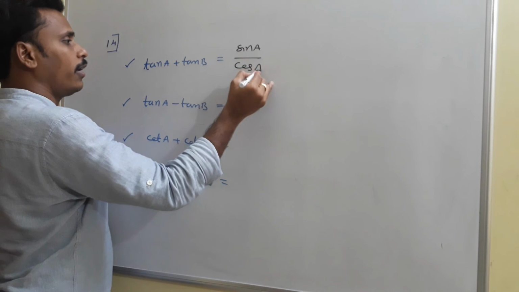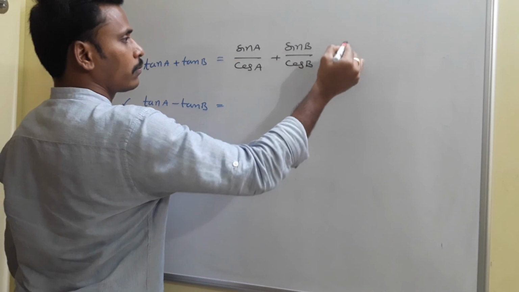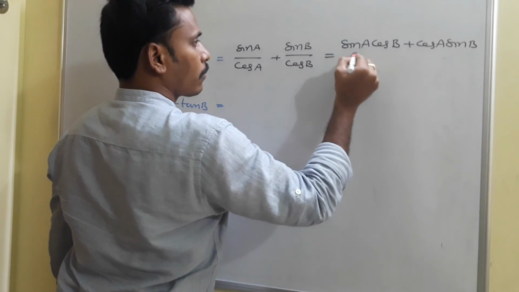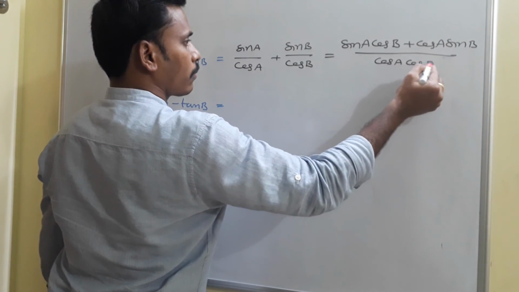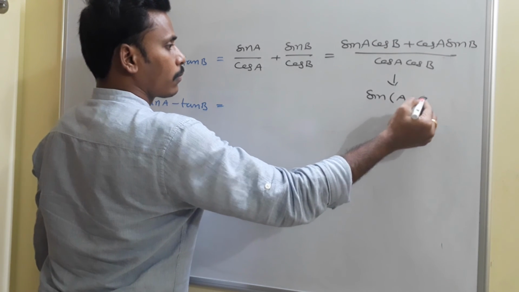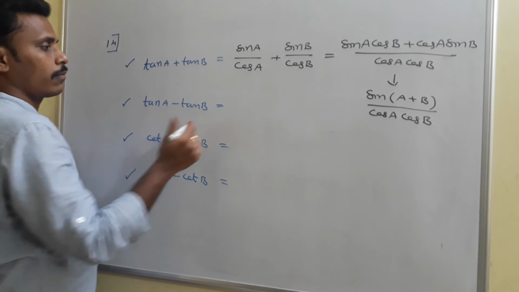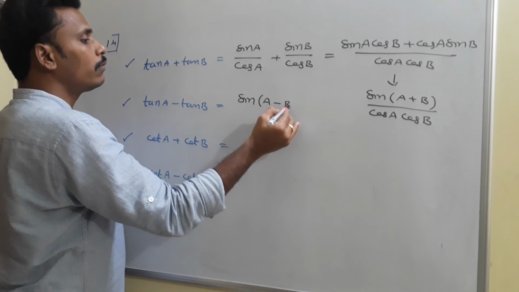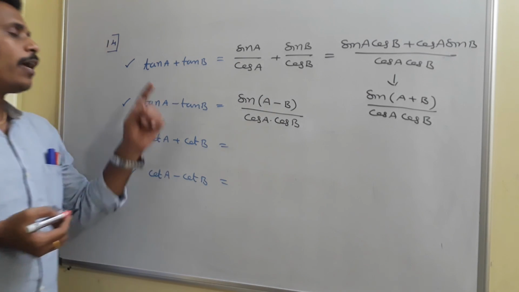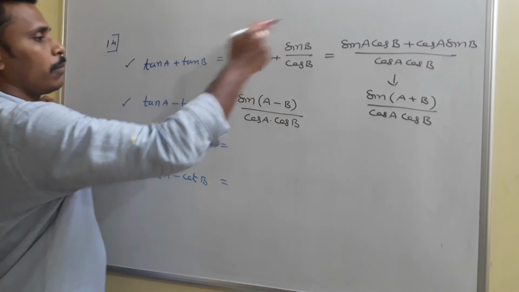So sin A by cos A. Tan A plus tan B is sin of A plus B by cos A cos B, and tan A minus tan B is sin of A minus B by cos A cos B. With similar simplification you will get that.